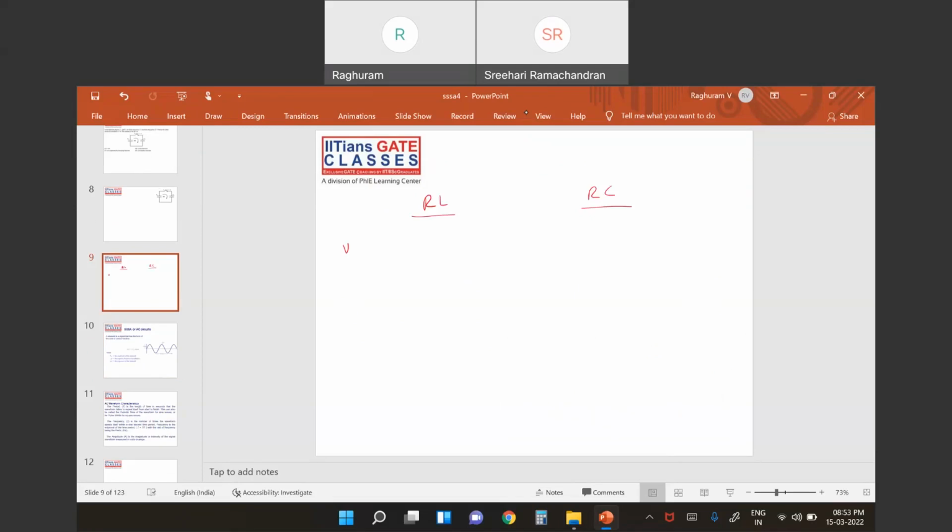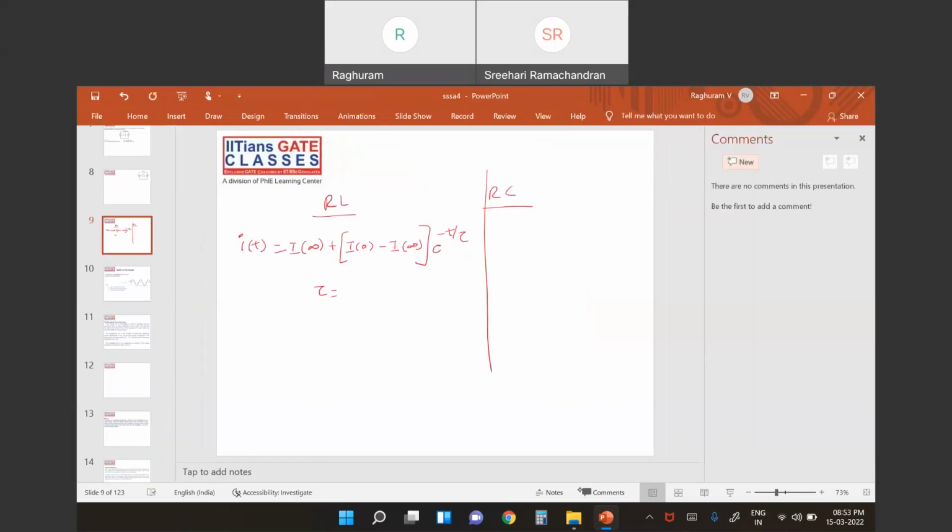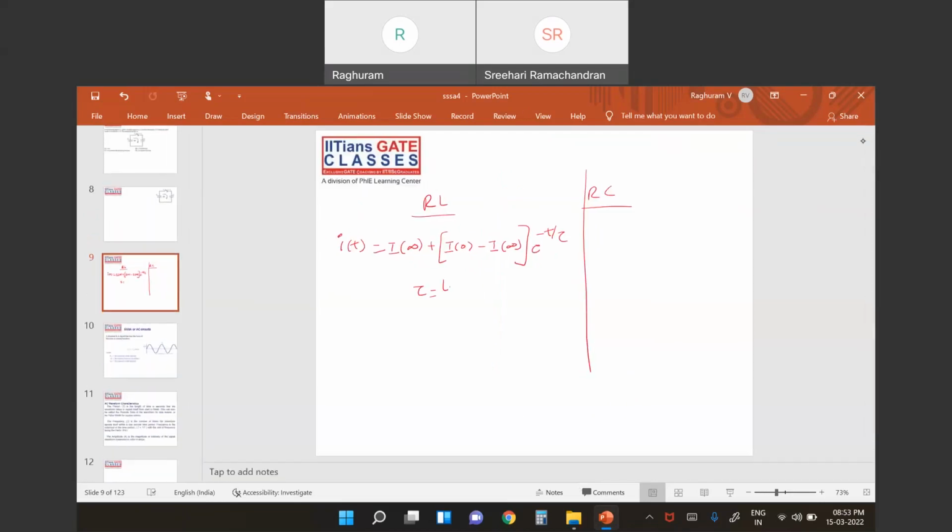For RL circuit, you'll write I of t is equal to I of infinity plus I of 0 minus I of infinity e power minus t by tau. What is tau? In an RL circuit, tau is equal to L equivalent by R equivalent.